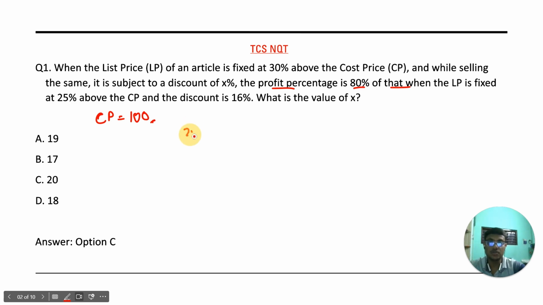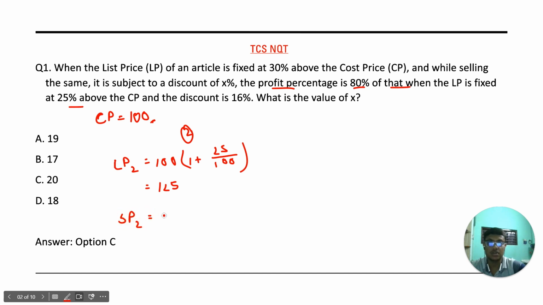So for case 2, we have list price for case 2 equal to 100 into 1 plus 25 by 100, since we are 25% above CP, which comes out to be 125.